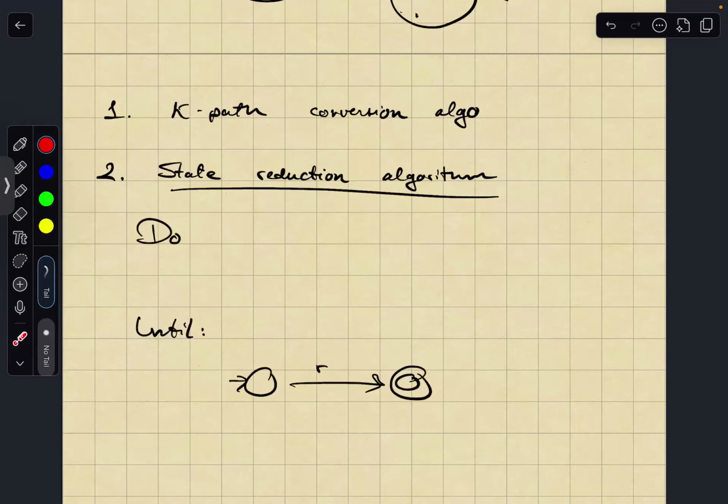And so essentially, I'm going to eliminate states in my FA until I get something that looks like this. Okay, give me a second.